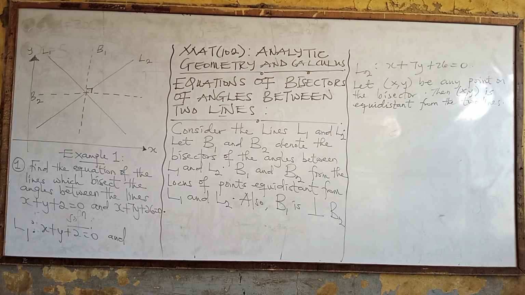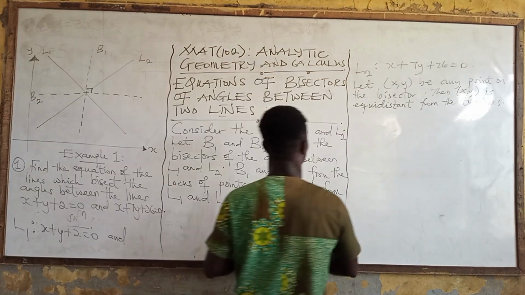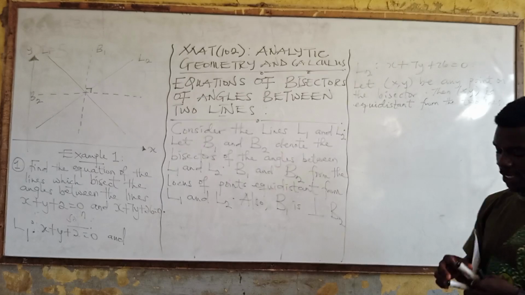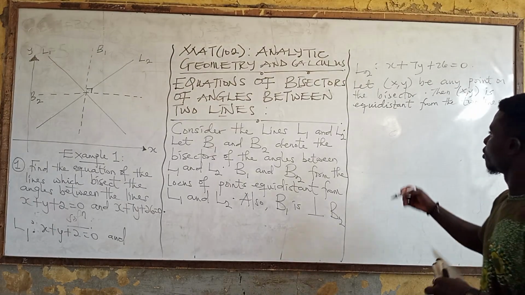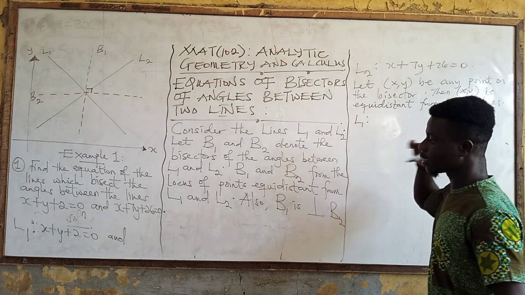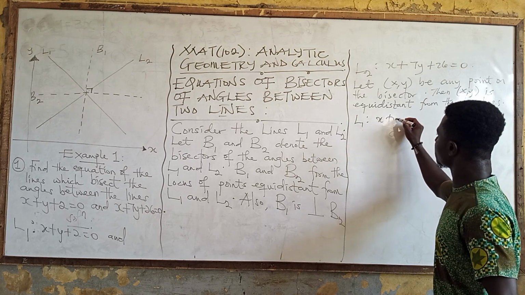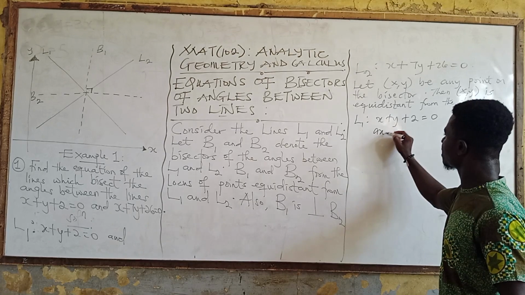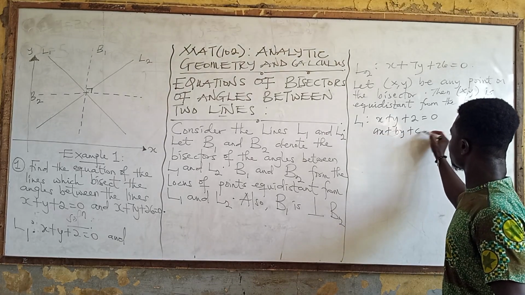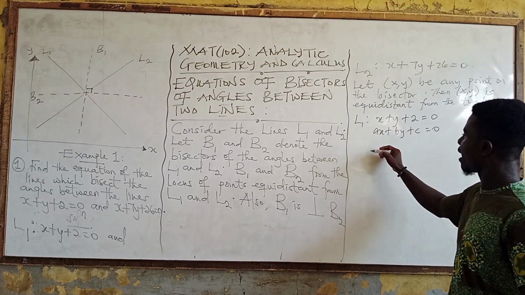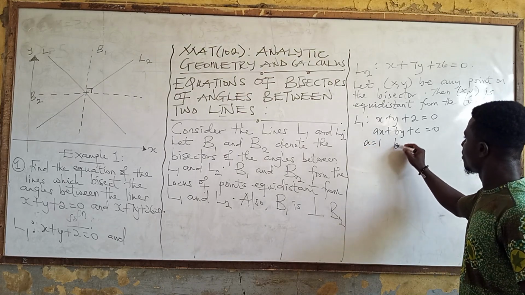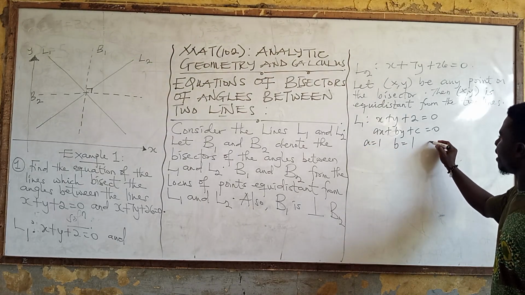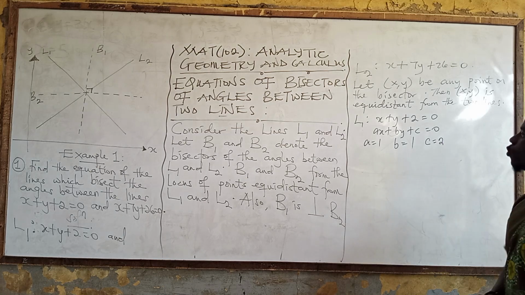So here we have to compare our line 1, then our line 2, with our general equation. Now my L1, which is x plus y plus 2 equals 0, we can compare with ax plus by plus c equals 0, where a is equal to 1, b is equal to 1, and c is equal to 2.